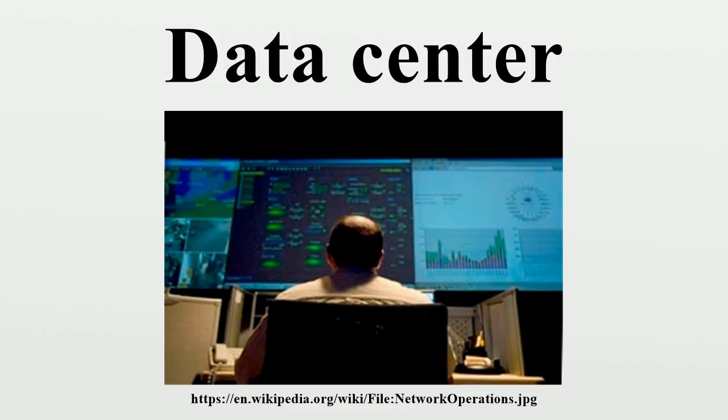TIA-942 Data Center Standards Overview describes the requirements for the data center infrastructure. The simplest is a Tier 1 data center, which is basically a server room, following basic guidelines for the installation of computer systems.